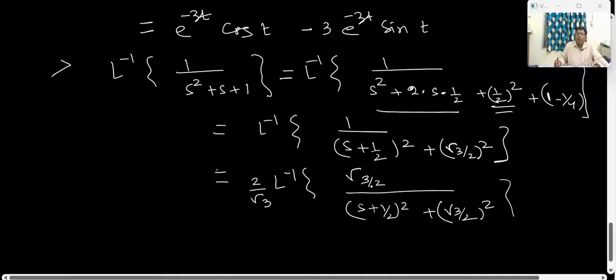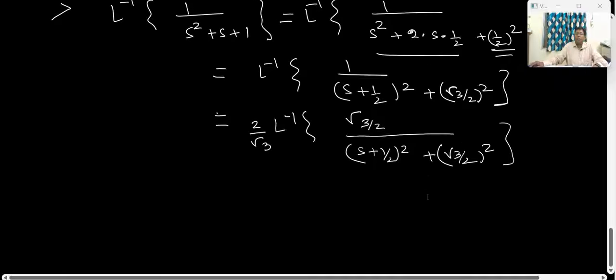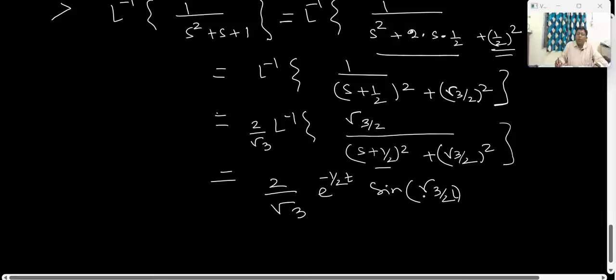Now you directly read it, omega by s square plus omega square. Because of this plus half, it is e to the power minus half t, sine of root 3 by 2 t. So this is your answer.